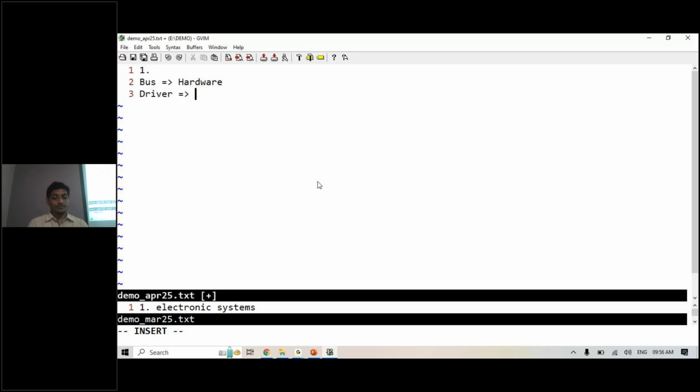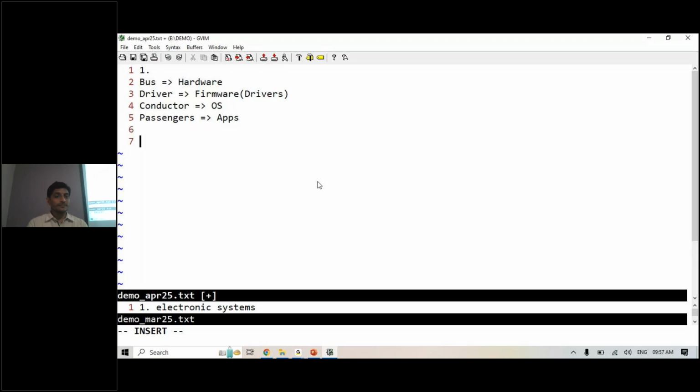Driver is similar to firmware. We can even call them drivers. Then conductor is similar to operating system. Then passenger is similar to apps.